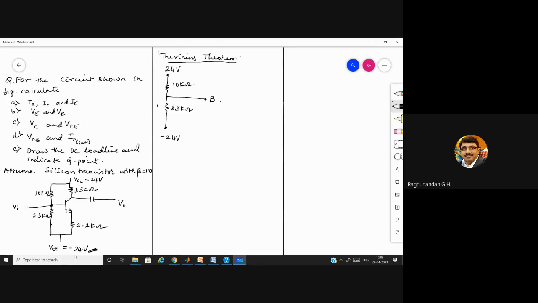So now, can this circuit be written like this? I'm just rewriting this. This is VCC. Can this be written like this?